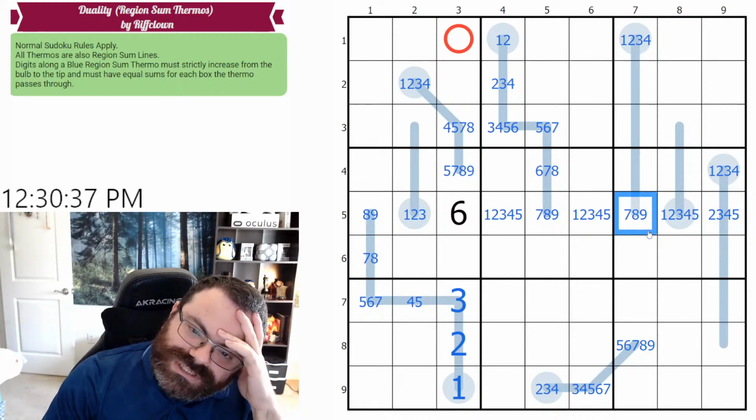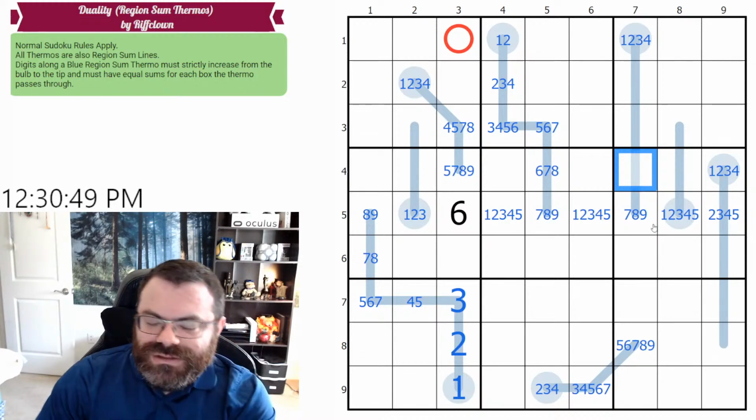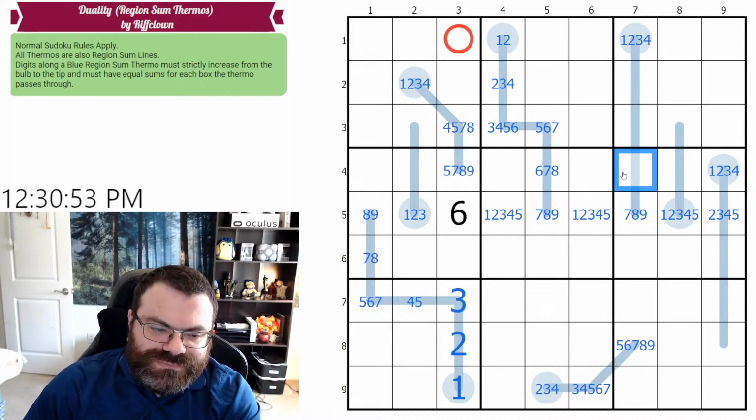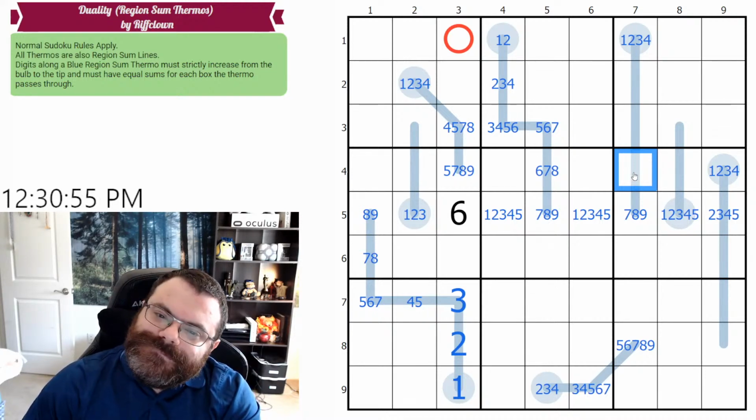I'm trying to think of a clean way to prove that. I still don't have a good way to think about this. Can this be a 4? 4, 5, 6.